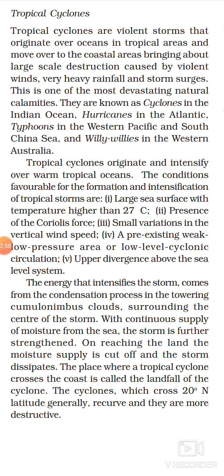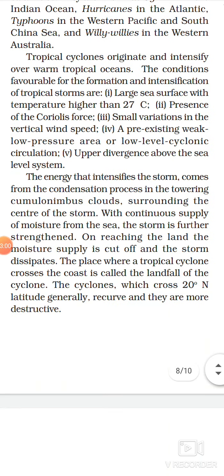Tropical cyclones originate and intensify over the warm tropical ocean. The conditions favorable for the formation and intensification of tropical storms are a large sea surface with temperature higher than 27 degrees centigrade, which supports evaporation. The presence of the Coriolis force, as we said, the rotation of the earth creates a different kind of force which causes variation in air at various locations, called the Coriolis force.